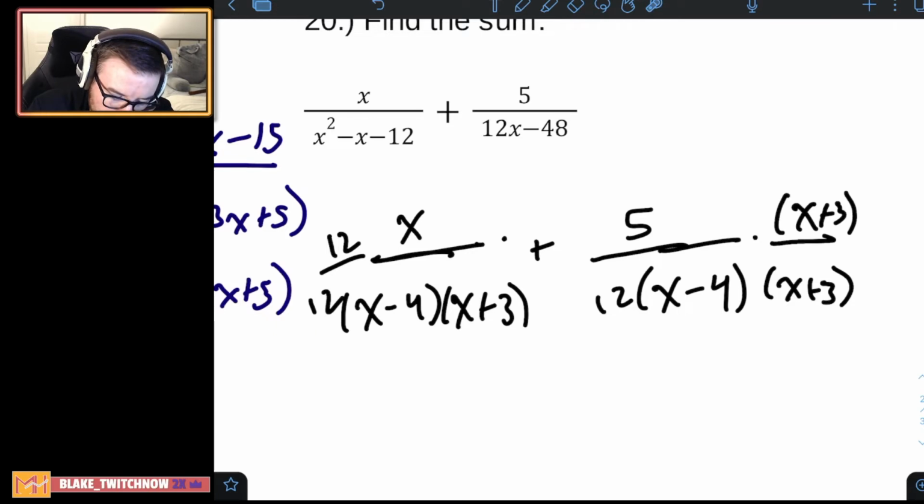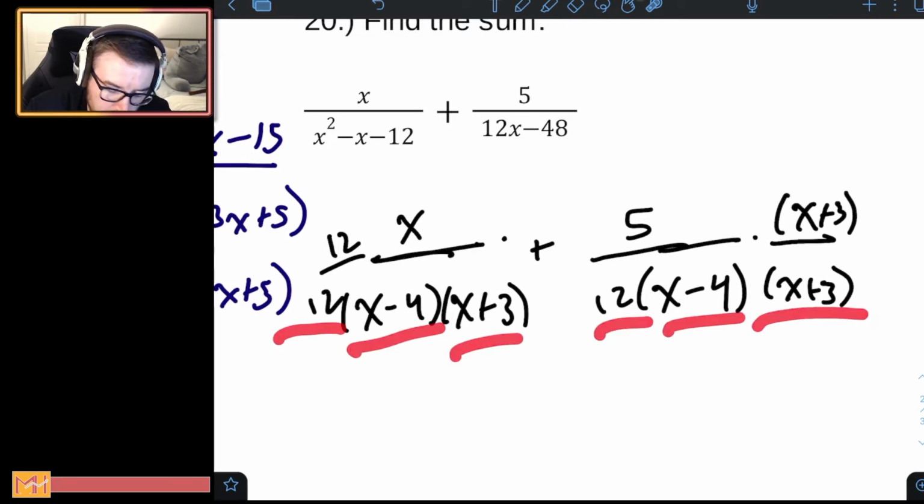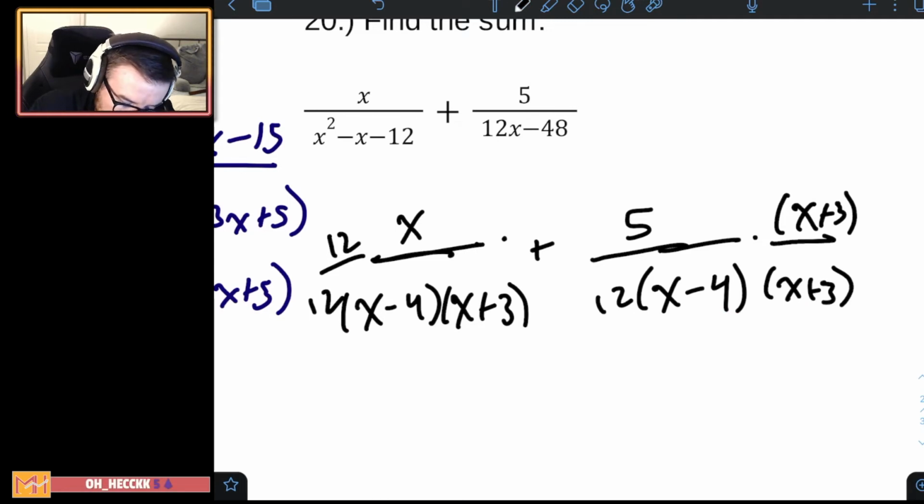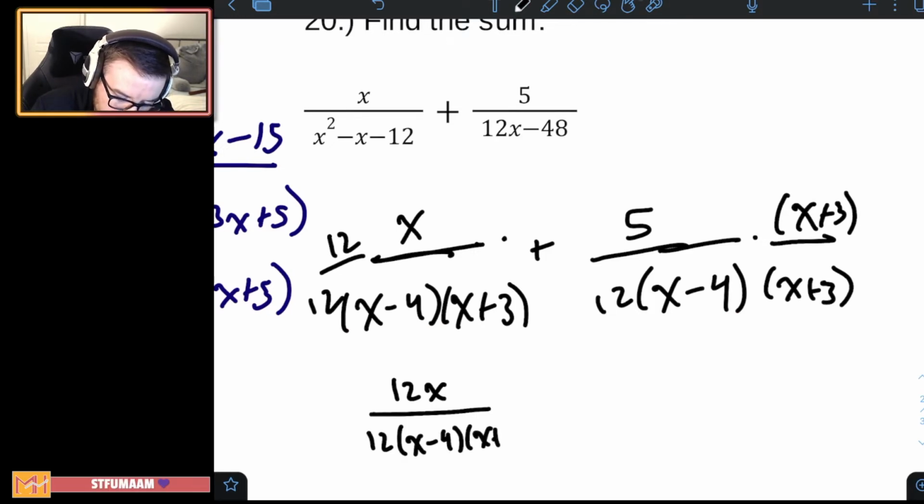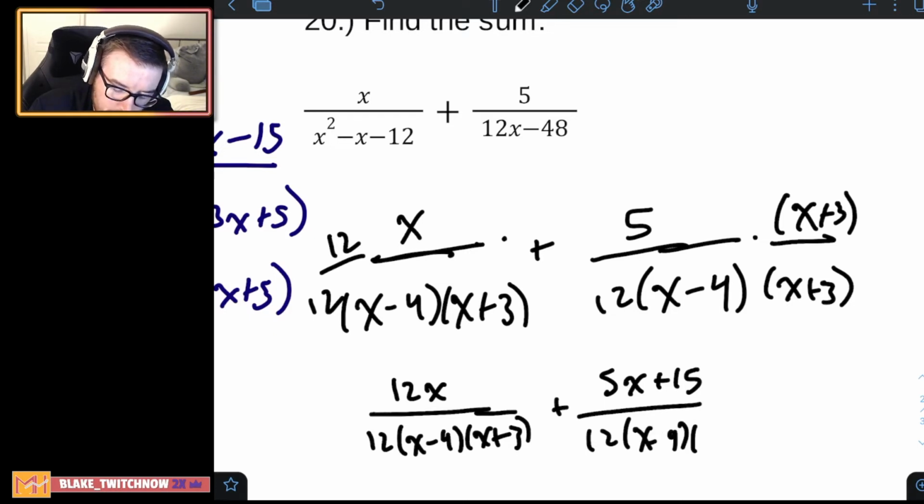All right. 12 times x minus 4 times x plus 3, 12 times x minus 4 times x plus 3. They match now. Let's multiply these together. 12x over 12 times x minus 4 times x plus 3 plus 5x plus 15 over 12 times x minus 3.